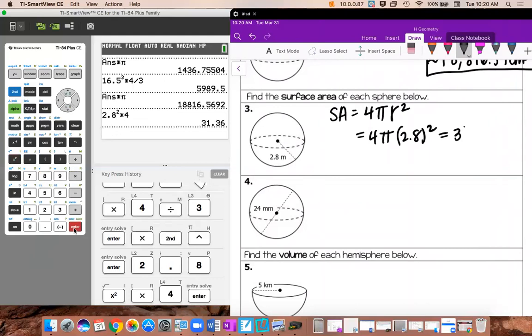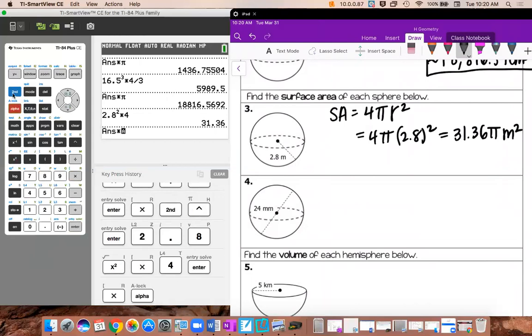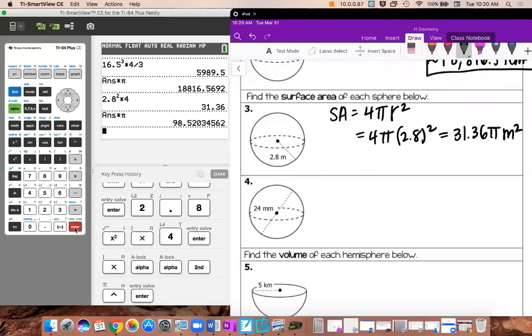So exact would be 31.36 pi meters squared, because we're working with area, so not cubed anymore. And then if I want an estimate, we multiply by pi, and it is about 98.52 meters squared. So that's the surface area, or the area on the outside of our basketball sphere.